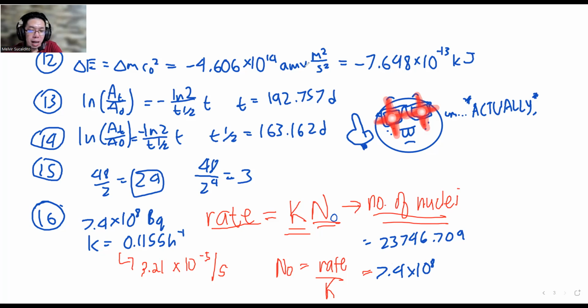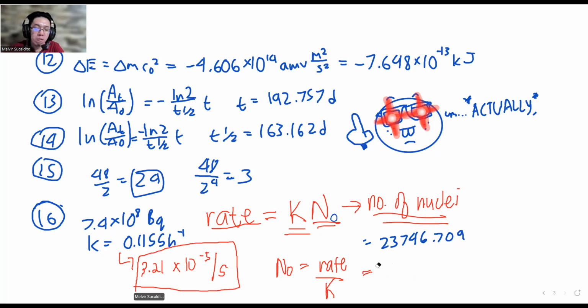Ang rate mo, ito na ha, naka per second na. I already gave it to you per second na. Kasi syempre, ang gagamitin mo, second, tsaka ito, kasi sila yung same unit. This is 7.4 times 10 to the 8 decays per second eh. Right? So, ayan, same sila. 10 to the 8 pa rin. That's the number of nuclei already.